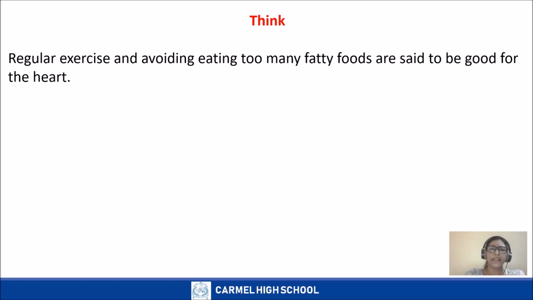And what about fatty foods? Why should they be avoided? See, throughout the body, from the heart, the arteries are carrying oxygenated blood to different parts of the body. Now, the walls of the arteries are thick compared to the walls of the veins.